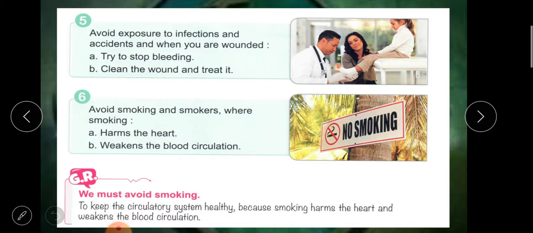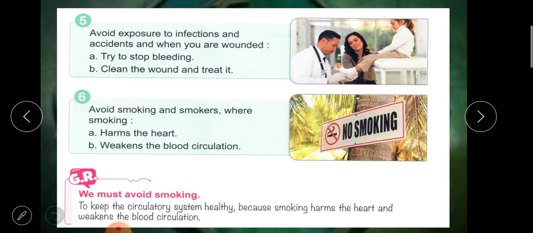The last thing is that we have to avoid smoking and smokers. Not to smoke and not be with smokers. Because even if you are not a smoker, but you are staying with someone who smokes, this harms the heart, it harms our heart, and makes a weakness for our blood circulation.